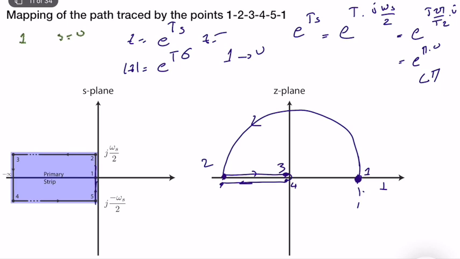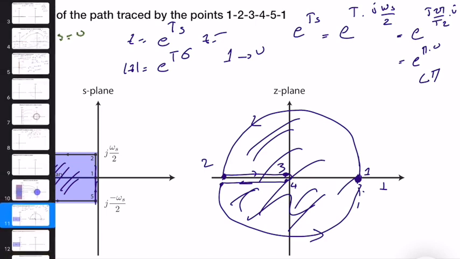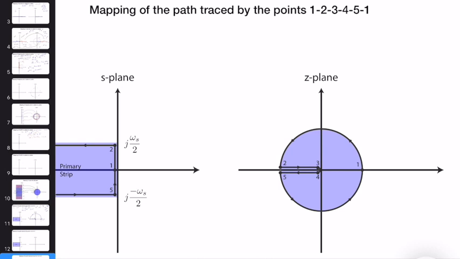It will do this. Okay, so the path from 3 to 4 is not important. This is the path. Since the primary strip is covering this part, this also covers all this region. This is the result.